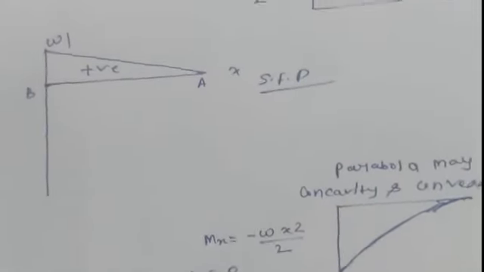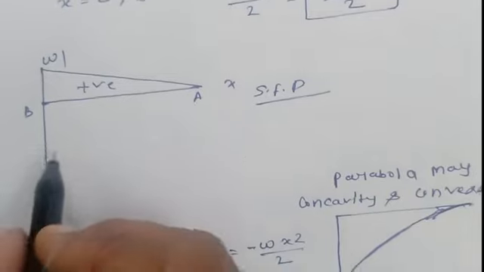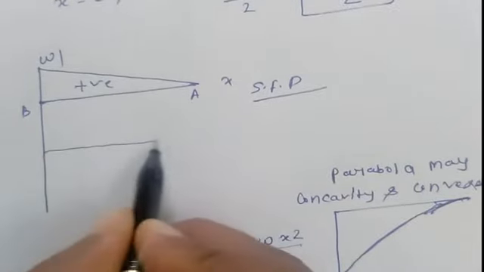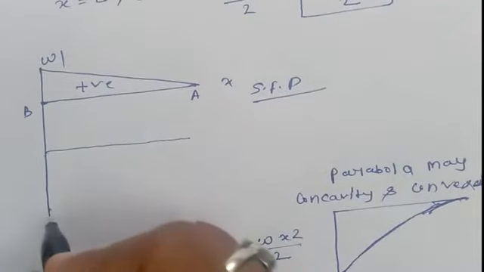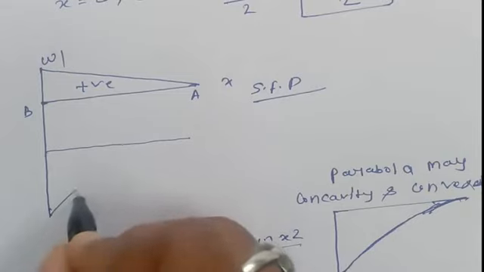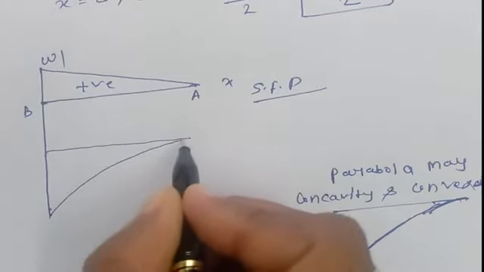So we draw the bending moment diagram like this, a curved parabola which is parallel to the axis at the start.